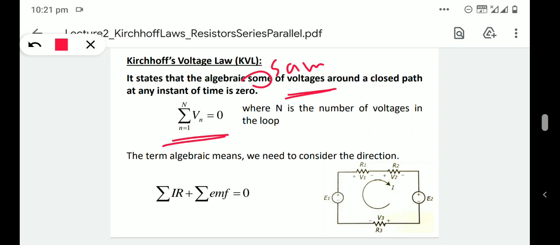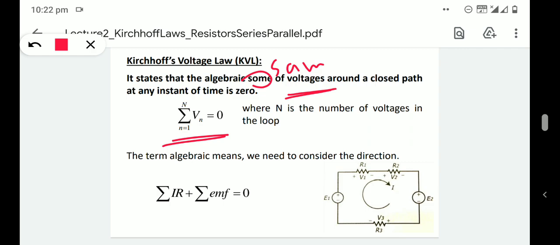That closed path can consist of resistances or passive components, as well as battery voltage sources. So the algebraic sum of all the voltages around a closed path will be 0, whether it is a voltage drop across a resistance, or an EMF across a battery or voltage source, at any instant of time.